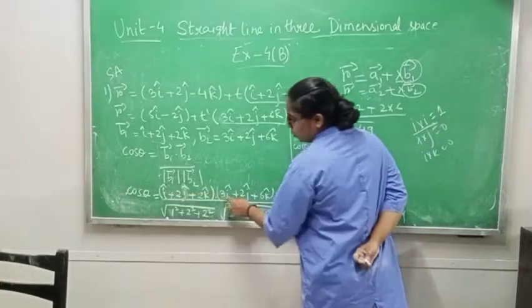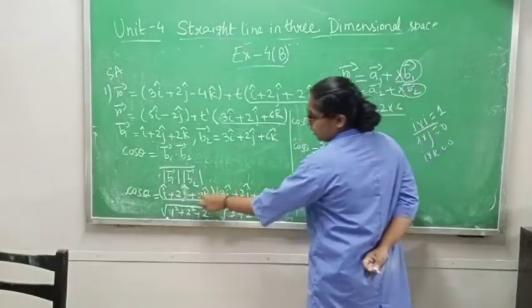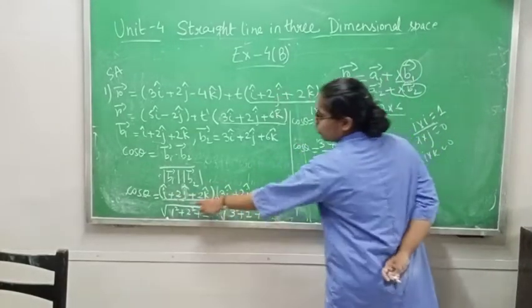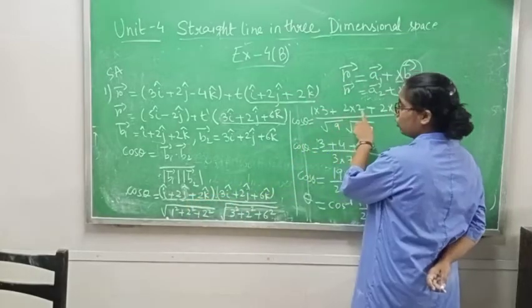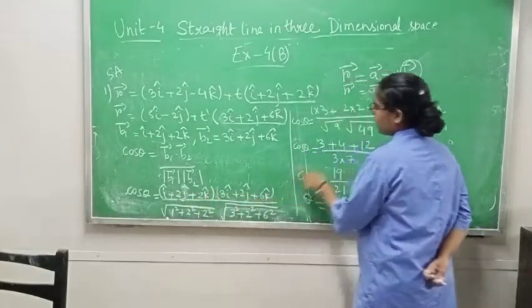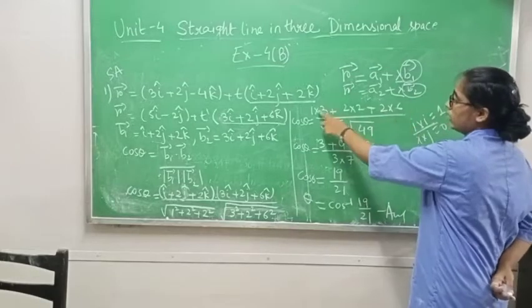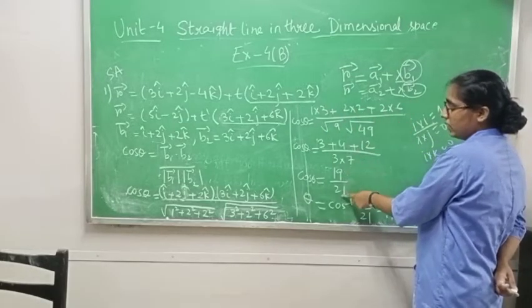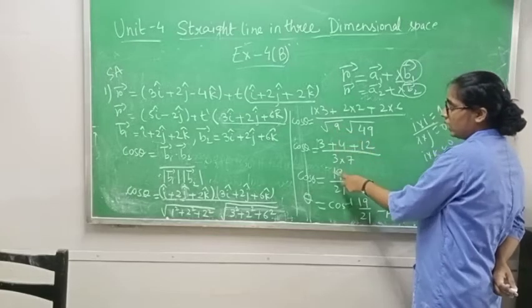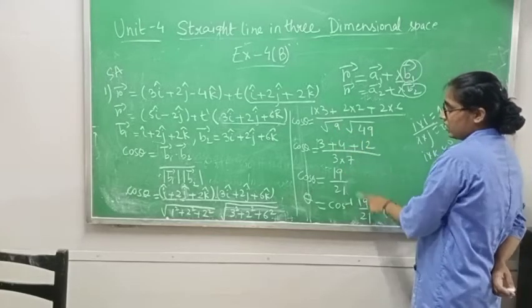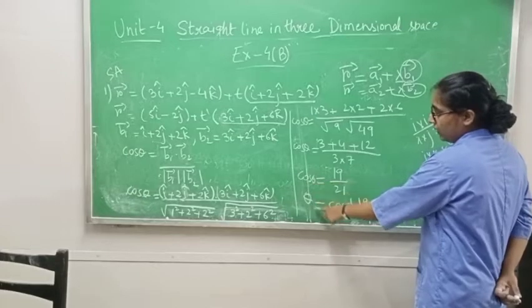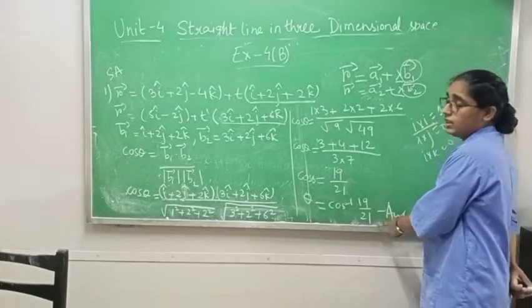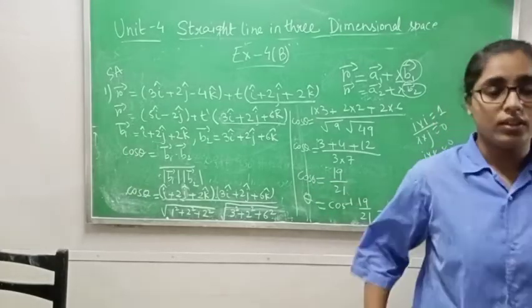So i into 3i gives 1 into 3, then 2j into 2j gives 2 into 2, and 2k into 6k gives 2 into 6. So 1 into 3 is 3, 2 2s are 4, 2 6s are 12. You will get 19 by 21, because root 9 is 3 and root 49 is 7. So theta will be cos inverse 19 by 21. Okay, complete this one.